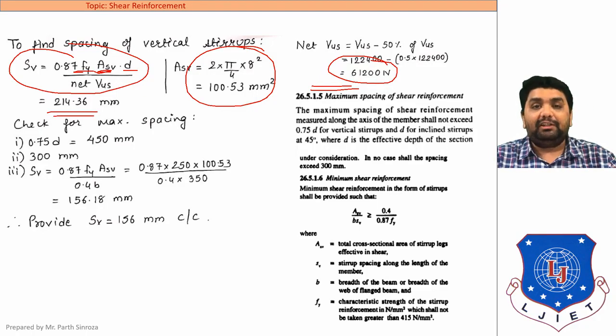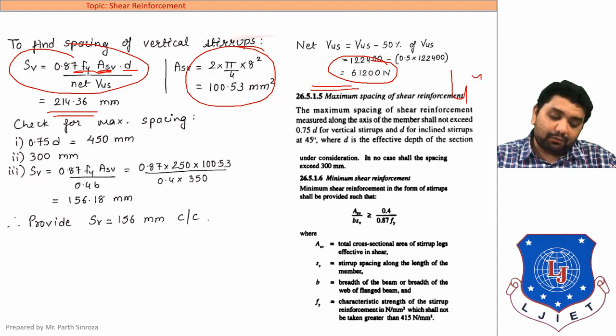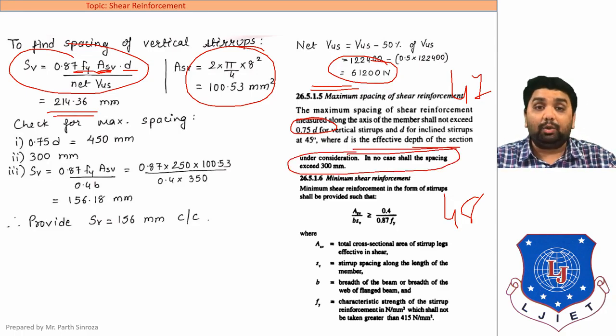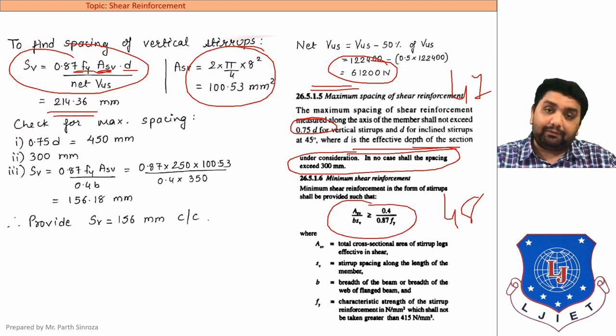So that answer comes out to be 214.36 mm. Now we need to check the remaining 3 cases which are given in page number 47 and page 48. Clear? So first equation is our 0.75D. Second is that in no case shall the spacing exceed 300 mm, and the third case is to be found from this.